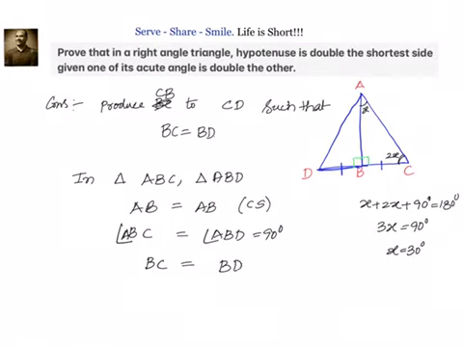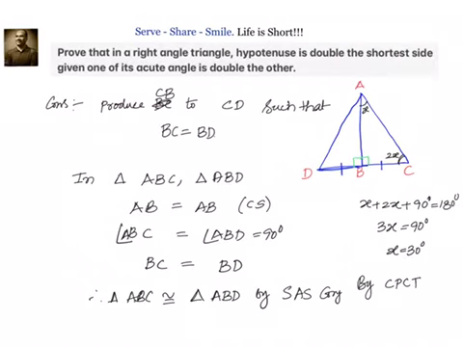So you can see that triangle ABC is congruent to triangle ABD by which congruency? By SAS congruency. By CPCT, we get AC equal to AD. Not only that, we get angle BAC equal to angle BAD.